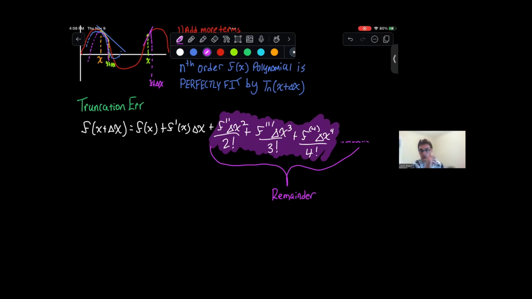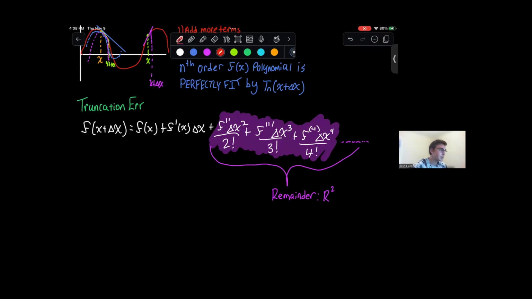In this case, our first order Taylor polynomial has a second order remainder. So the remainder is of order 2. If we were to make a second order Taylor polynomial, our remainder would be of order 3.